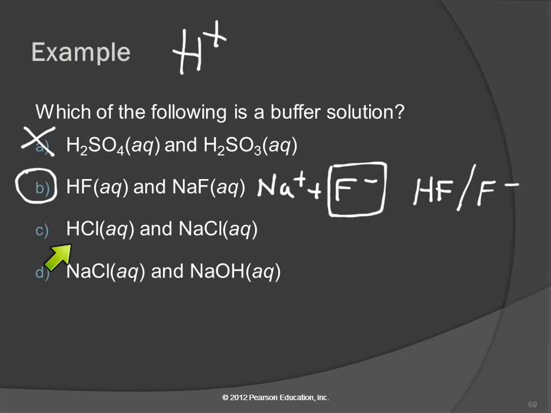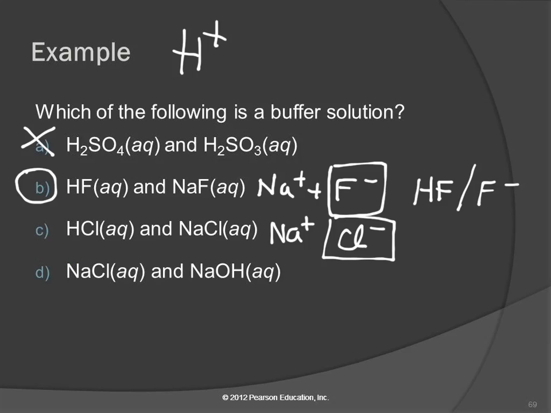So let's look at the next one, HCl and sodium chloride. Well, sodium chloride forms sodium ions and chloride ions. So that chloride ion is the conjugate base of this acid, right? So we're looking good so far. But is HCl a strong acid or a weak acid? It's a strong acid.